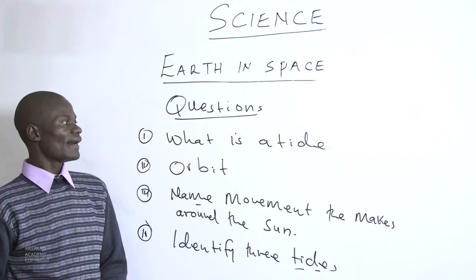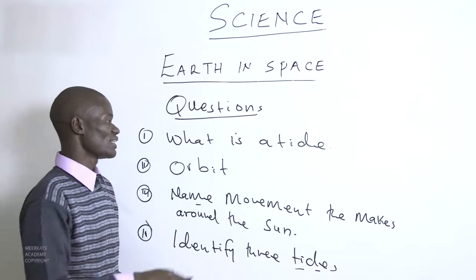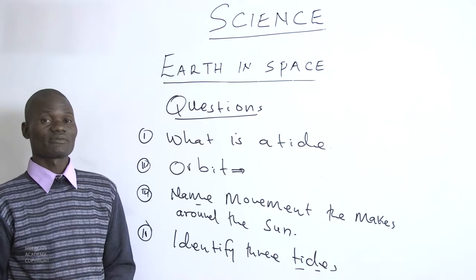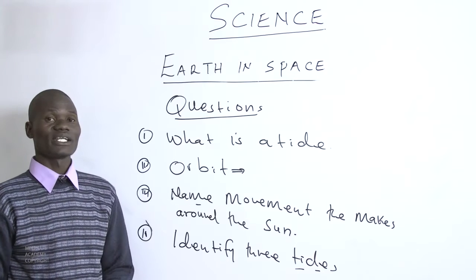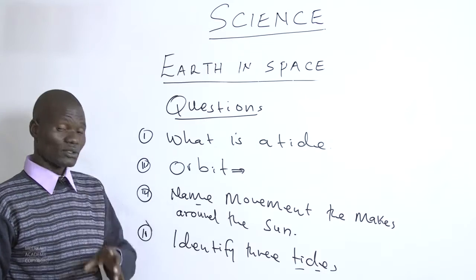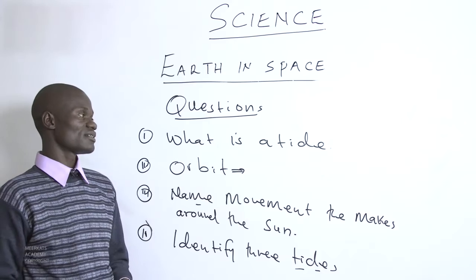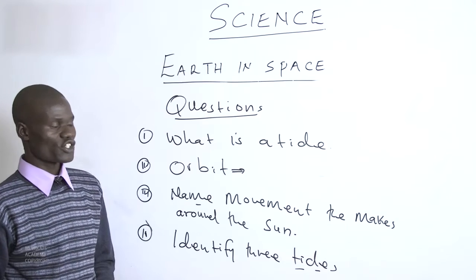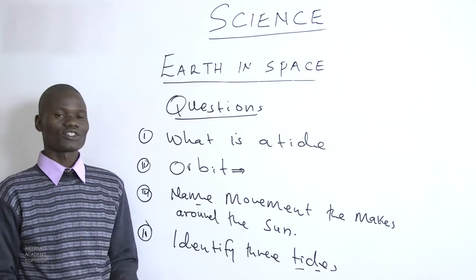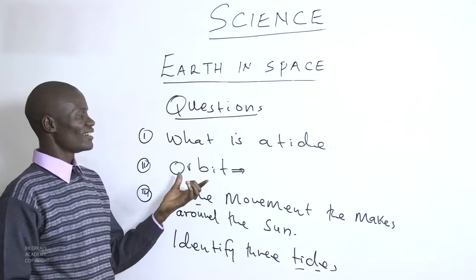Now, initially we've been able to look at the shape of the earth, and we learned that the earth looks like a spherical shape. It is not flat, neither is it perfectly round. That kind of shape we refer to as an oblate spheroid, or we can also call it an ellipsoid.